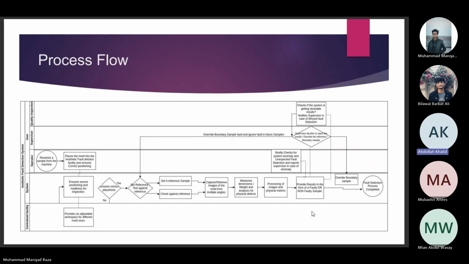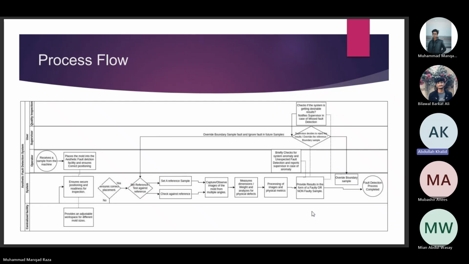Those earlier entities we can now depict in this process flow diagram. We also discussed this in our earlier industry visits. You can see that we subdivided the users into the operator, the inspector, and the quality assurance person.